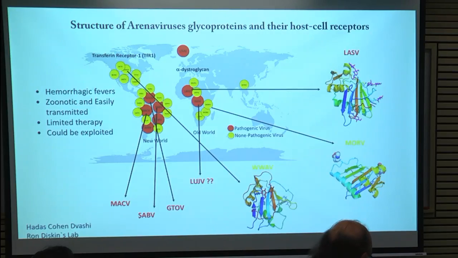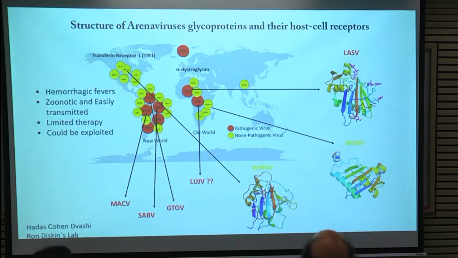The Lujo virus is interesting because arenaviruses are subdivided into Old World and New World, and the characteristics of the Lujo virus are not Old World and not New World.